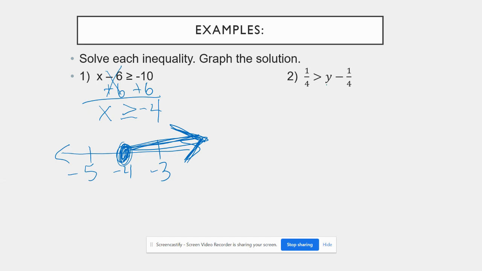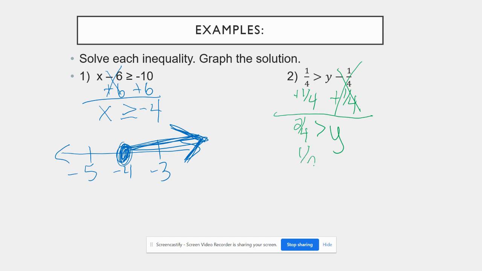For the second one, to get y alone, the opposite of subtracting 1/4 is adding 1/4. These add to 0, so we have y. 1/4 plus 1/4, we already have common denominators, so 1 plus 1 is 2.